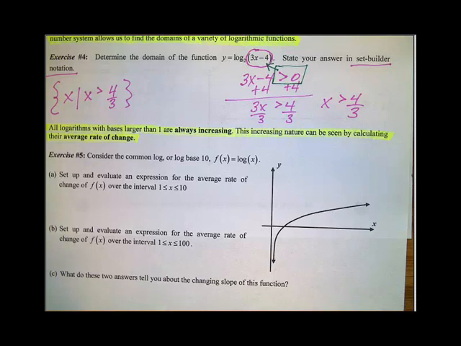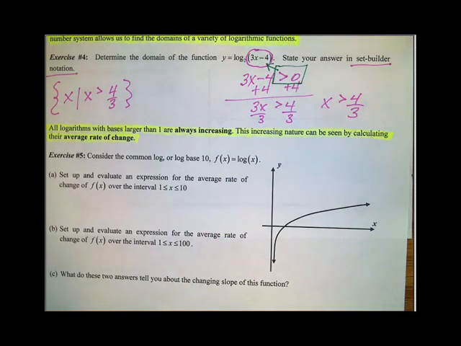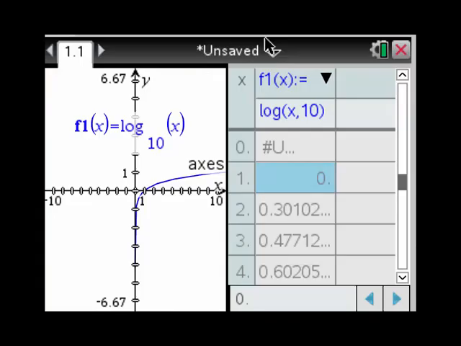So set up and evaluate an expression for the average rate of change of f of x over the interval from 1 to 10. So we're using log x. So grab your calculator and let's get some values. So we see in our table log of x, or log base 10 of x, same thing. So from 1 to 10. So our value at 1 is 0, and our value at 10 is 1.